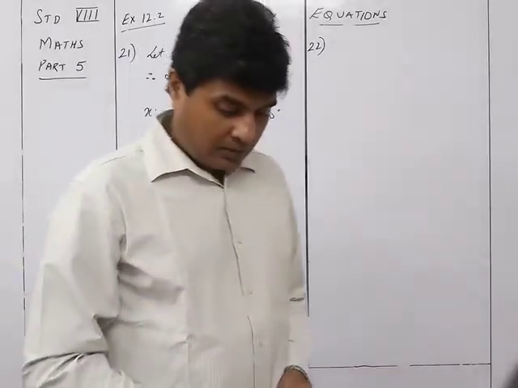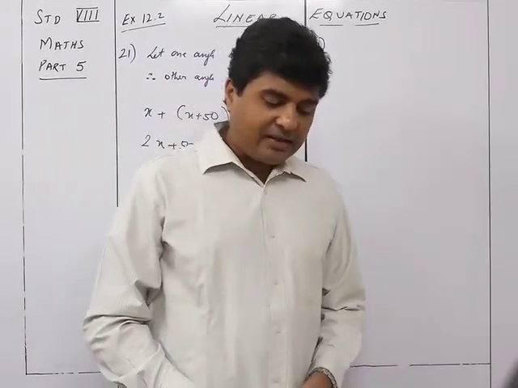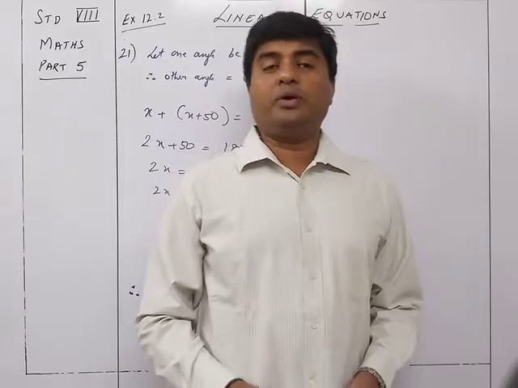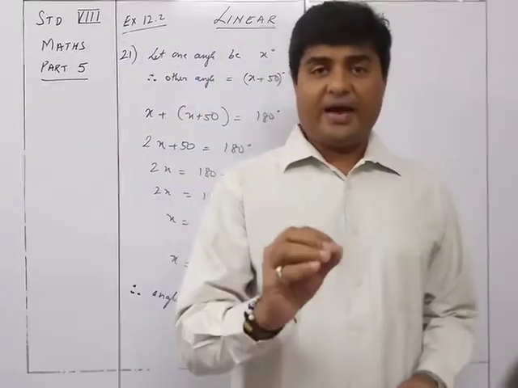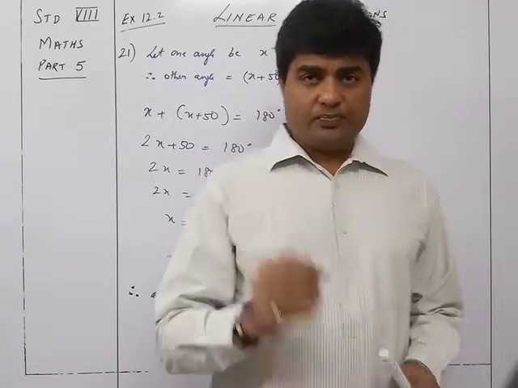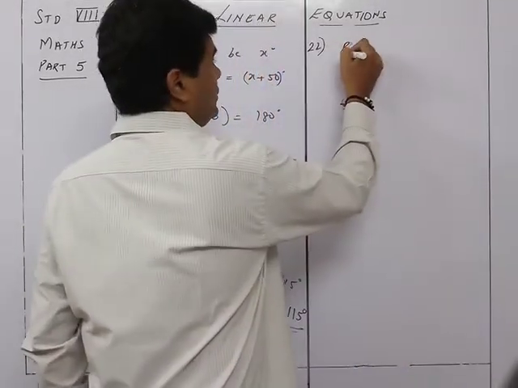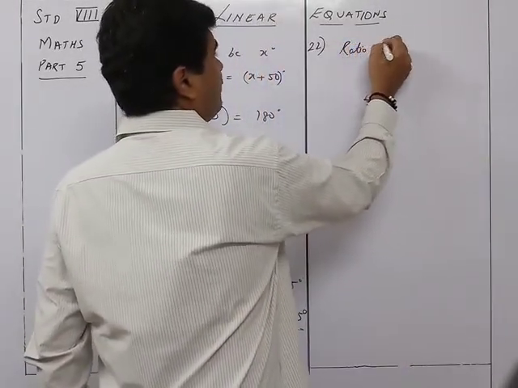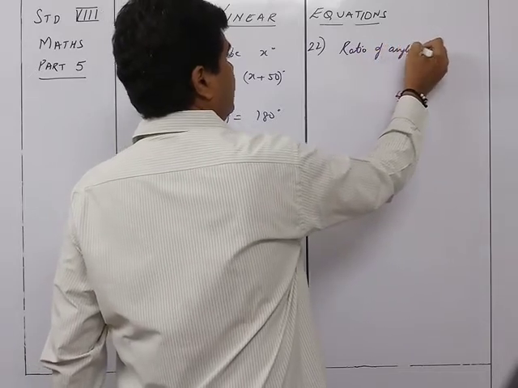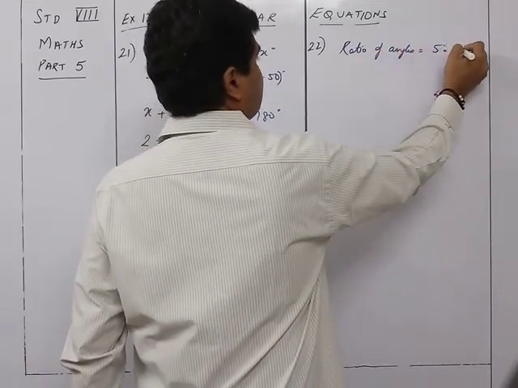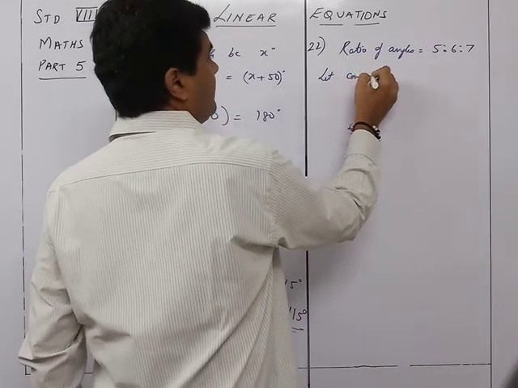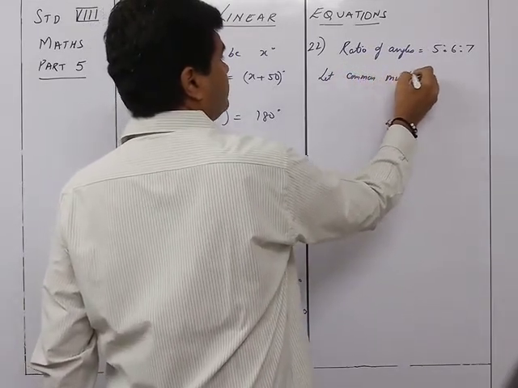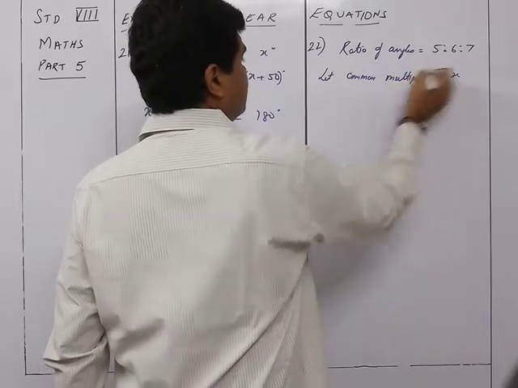If the angles of a triangle are in the ratio 5:6:7, now it is given to us that the ratio of the angles of the triangle is 5:6:7. Let the common multiple be x.